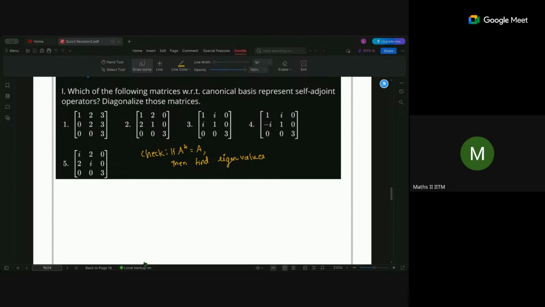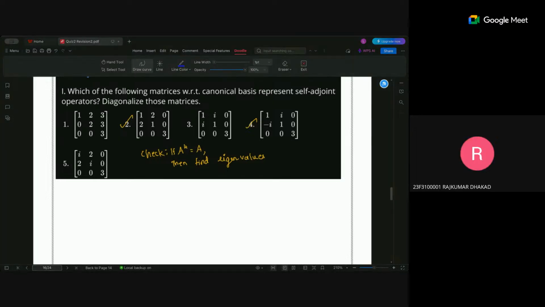Okay, so which of these matrices are self-adjoint? The second and fourth. Okay. So what are the eigenvalues? At least for one of them, have you found? Maybe for this one? Sorry, I don't hear.